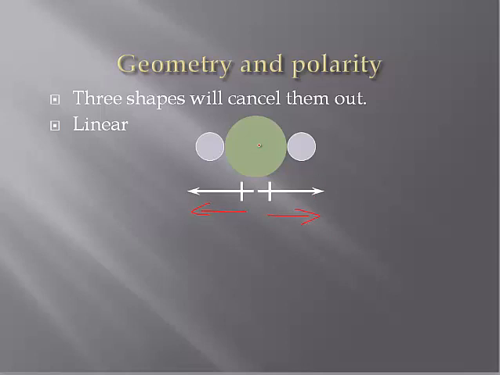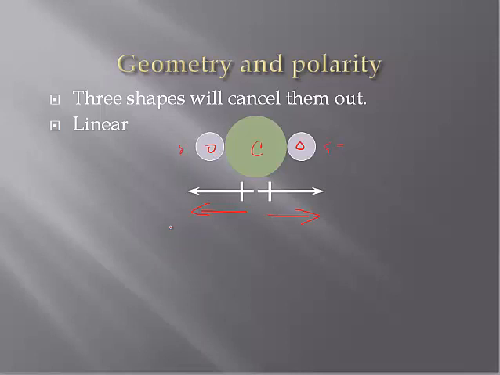You can imagine this being something like carbon dioxide. When you have a molecule like this, the fact that this is more negative over here and more negative over here, because these directions of the polarity are equal and opposite, allows this to be a nonpolar molecule.